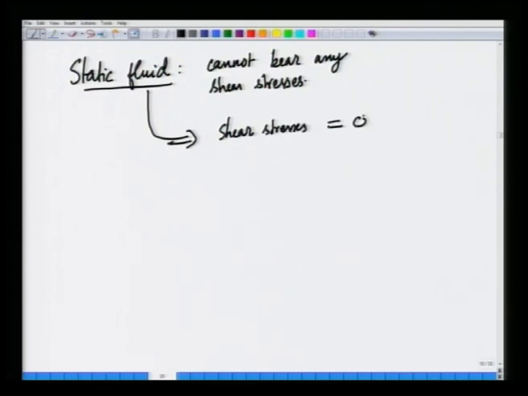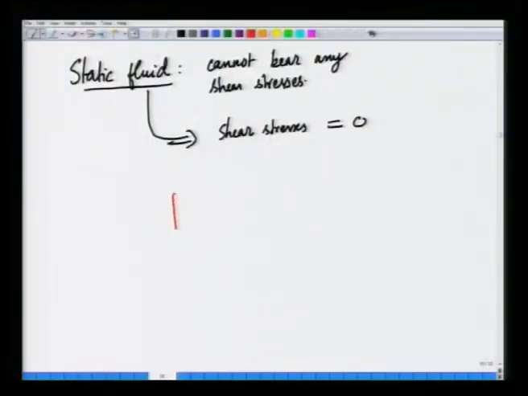Otherwise a fluid will start moving, so we are now considering a fluid that is completely stationary or static. If a fluid is static, and you take any volume element and inquire about the forces on the surface, there cannot be any component that is parallel to the surface, because if there were a force parallel to the surface, that would constitute a shear force or shear stress, and the fluid will start moving.